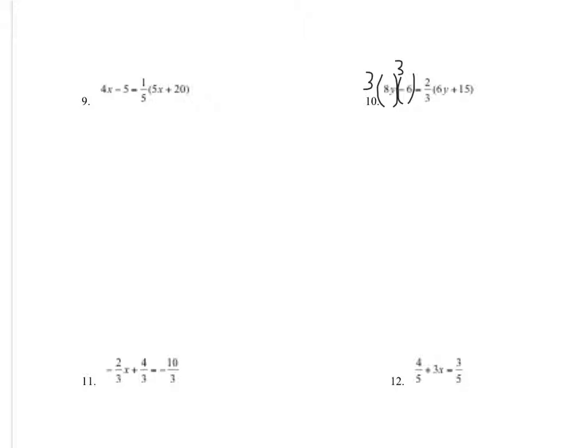And the right-hand side is really all one chunk because of that parentheses, and we're going to multiply this by 3. Oops, that looks like a funky 3. There we go.